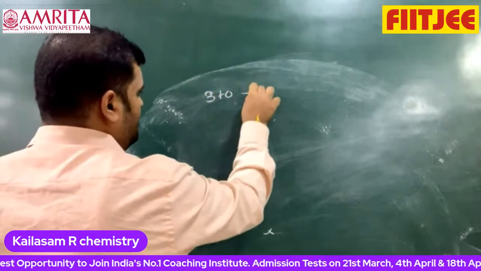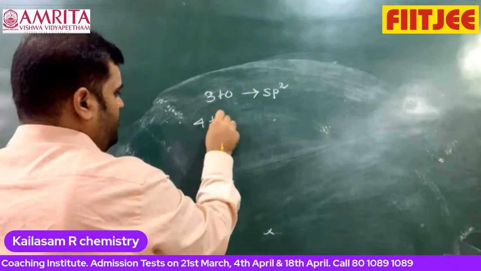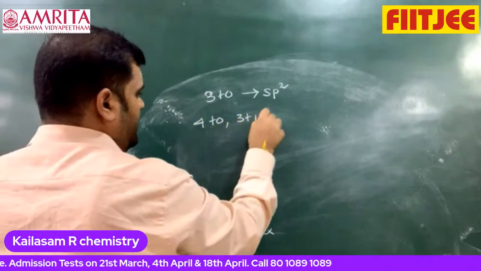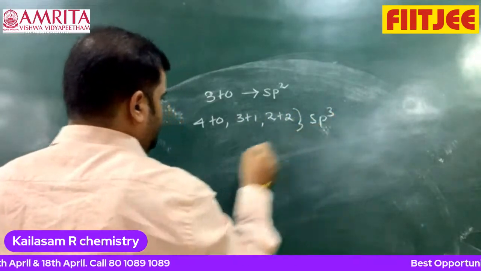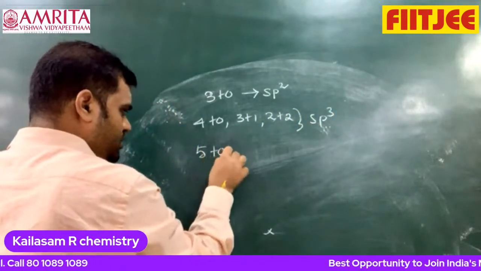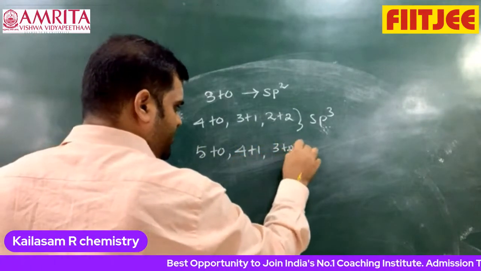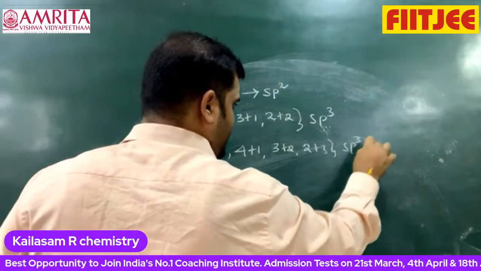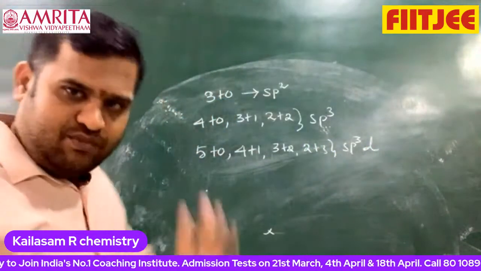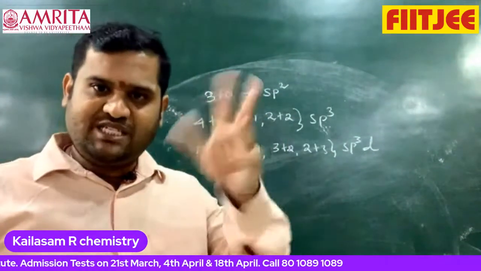If it is 3 plus 0, that is sp2. 4 plus 0, 3 plus 1, 2 plus 2 will be sp3 hybridization. 5 plus 0, 4 plus 1, 3 plus 2, 2 plus 3 is nothing but sp3d hybridization. Number 5 gives sp3d. If number 6 comes, sp3d2.